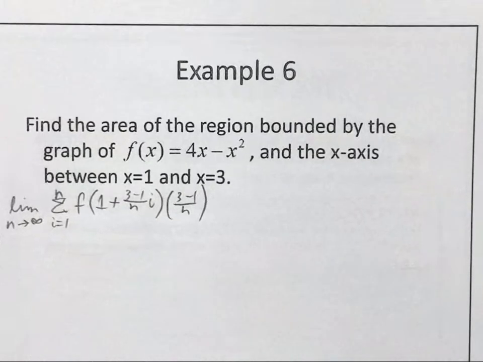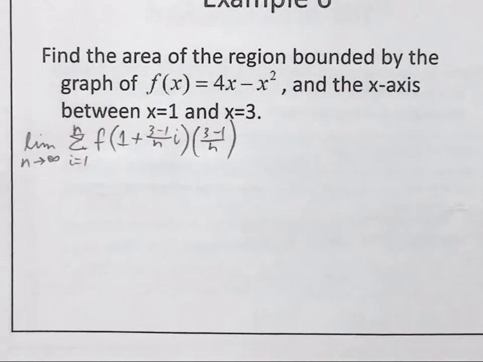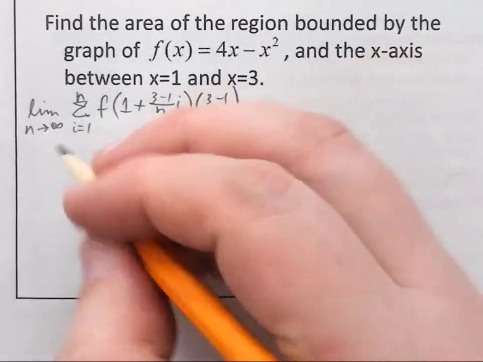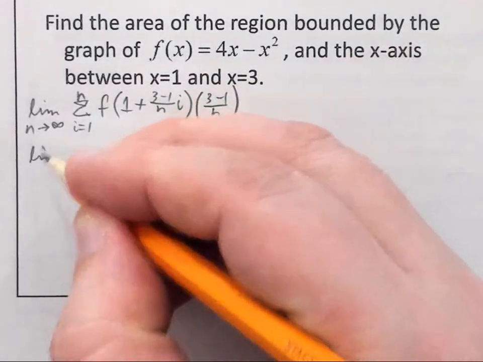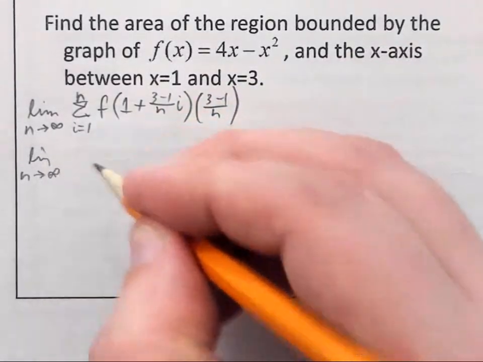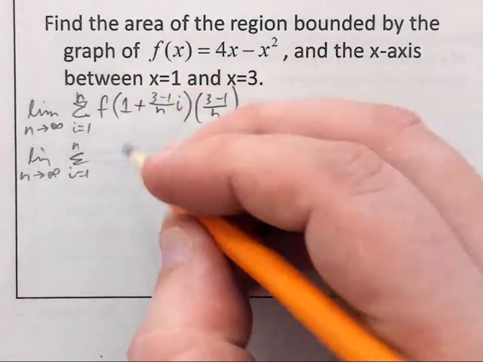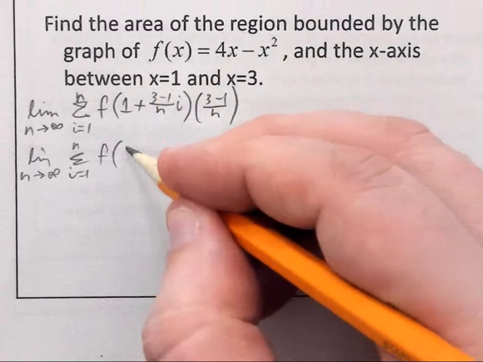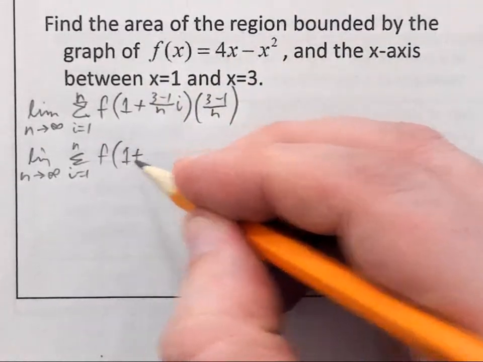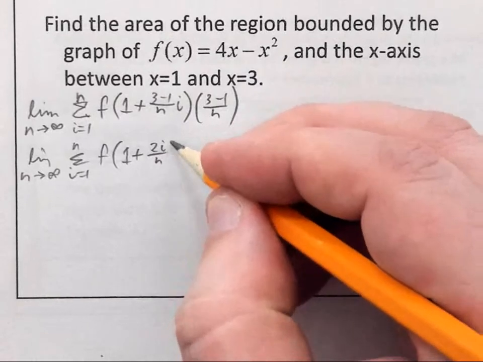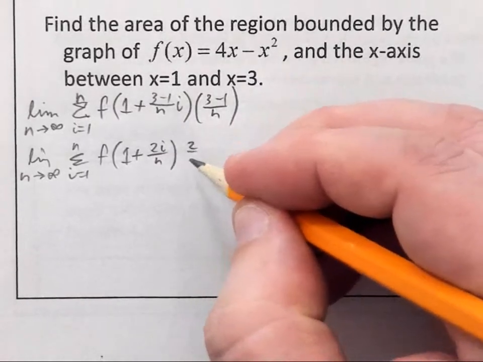So I plug in the lower bound and the upper bound, the 1 and the 3, and then let's clean it up. So the limit as n approaches infinity of sigma i, the sum as i goes from 1 to n, of f of, and this isn't going to be pretty, but it'll work, 1 plus 2i over n, times 2 over n.